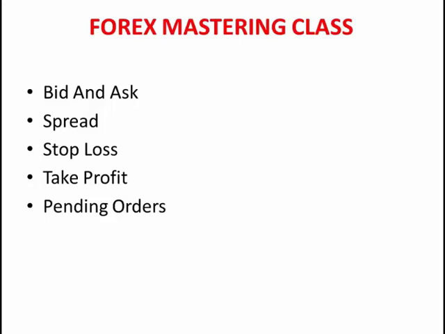When the market is going towards sell, it picks the sell stop and moves down towards sell and gives you profits. Then buy limit is always set below the price. The market is moving up, but you set it below the price, so that when the market draws down a little, it can pick your buy limit and then move up. Then sell limit is always above the price.